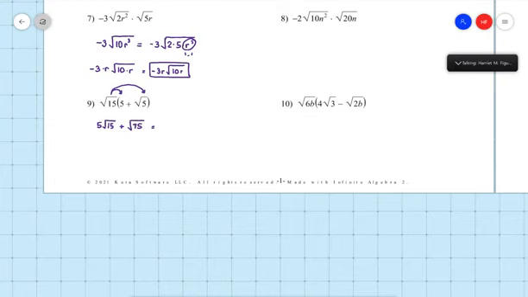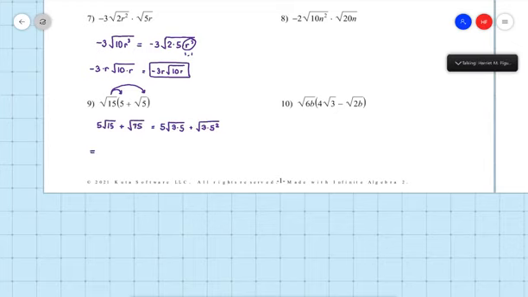And then remember, in order for us to be able to add, we need to make sure that the radicand and the index are exactly the same. So we're going to simplify these two radicals. So we've got 5 square root of 3 times 5, so we can't simplify there, plus square root of 3 times 5 squared.